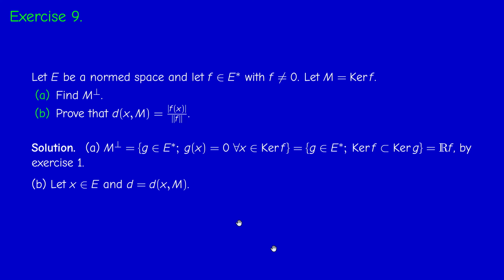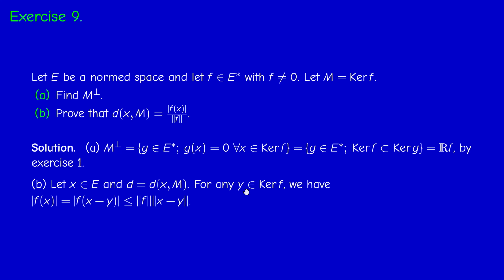Second question, how to prove this double inequality? Consider an arbitrary element x in E and put d to be this distance. If y is in the kernel of f, then f of y is 0. So f of x is f of x minus y, by linearity. And by the fundamental property of linear bounded operators, this is less than the norm of f times the norm of the argument, which is x minus y.